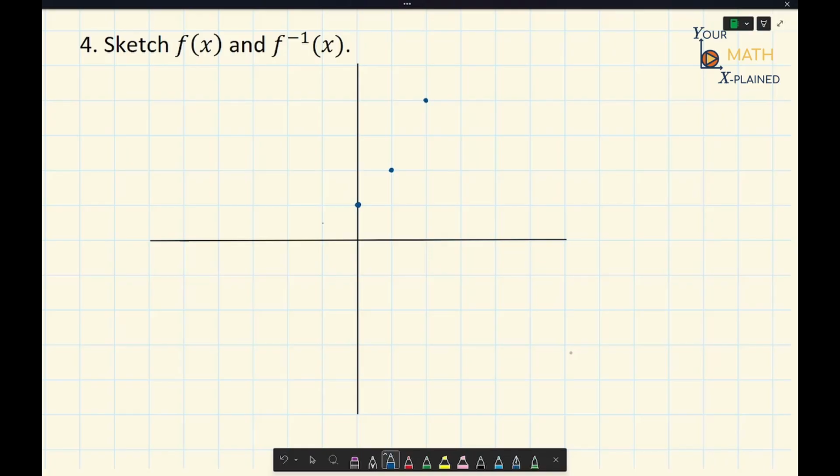And then 2 to the power of negative 1 is 1/2. So that tells us our function f of x will look like this. So here, this is our f of x is equal to 2 to the power of x.